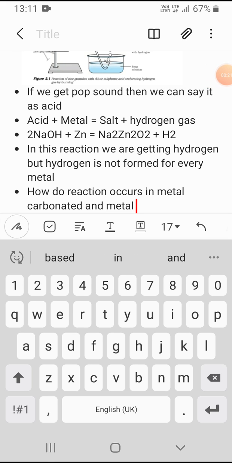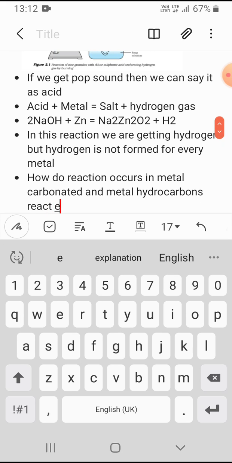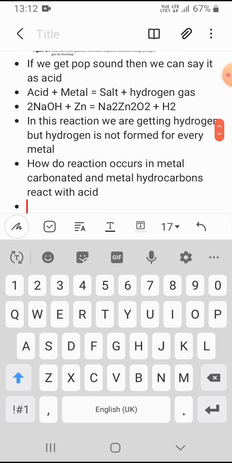When metal carbonates and metal hydrogen carbonates react with acid, what reaction do we get? Let's know.